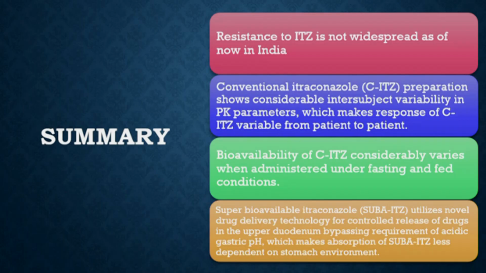The summary of this presentation was: resistance to itraconazole is not widespread as of now in India. The conventional itraconazole preparation shows considerable intersubject variability in pharmacokinetic parameters. The bioavailability of conventional itraconazole considerably varies when administered under fasting and fed conditions.